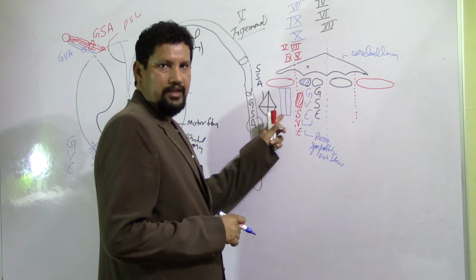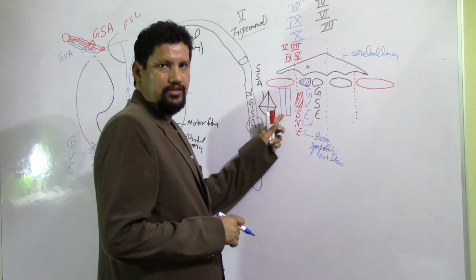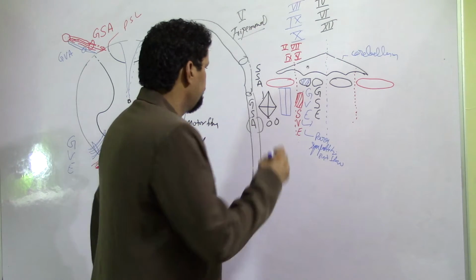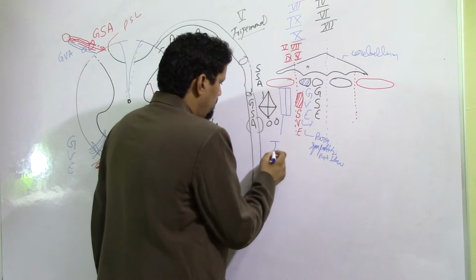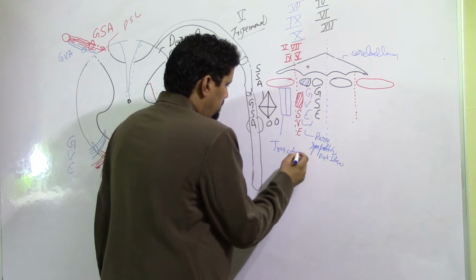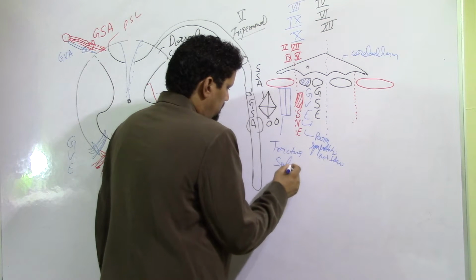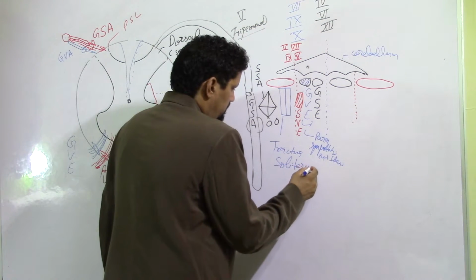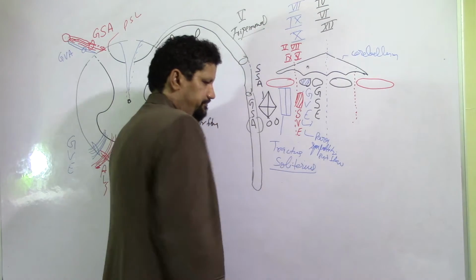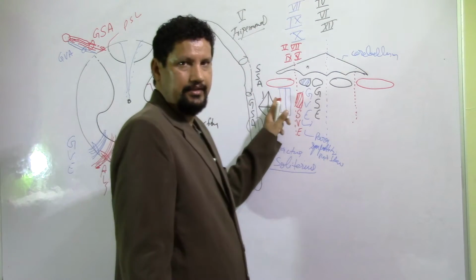This is known as the nucleus of tractus solitarius or solitary nucleus. It has a medial part and a lateral part.